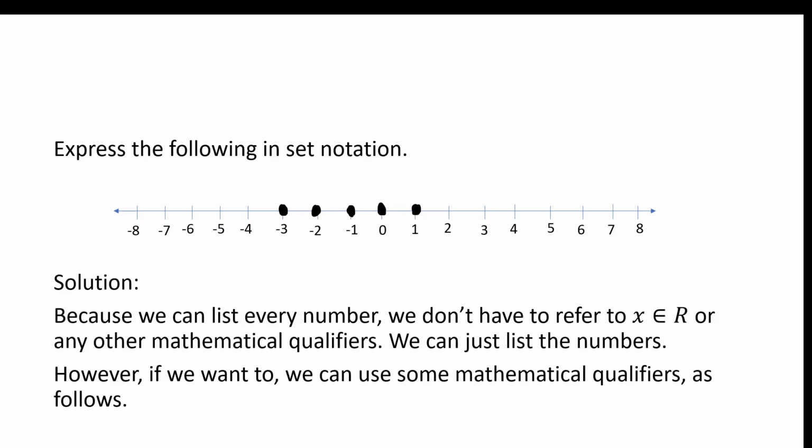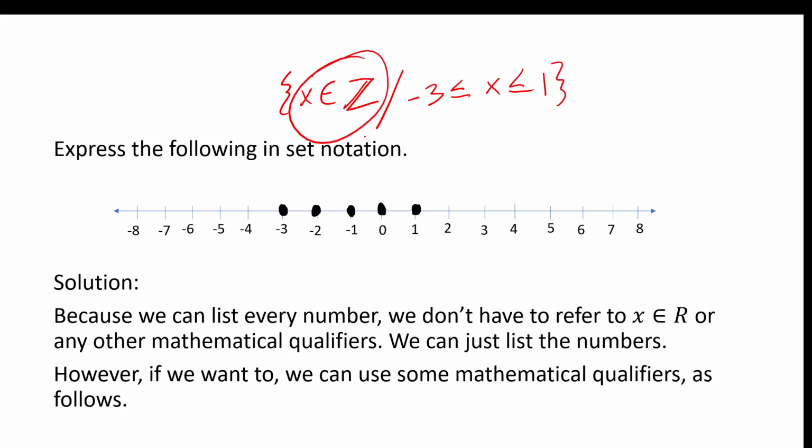However, if you want to, you could be a little bit more clever. I'll show you what I mean. Sometimes someone who's being pretty clever will say, well, any x that's an integer such that x is somewhere in between -3 and 1 inclusive. By writing this at the start, they're telling us that the only numbers we'll be considering are integers, and by writing this, they're telling us that the number will be somewhere in between -3 and 1 inclusive.